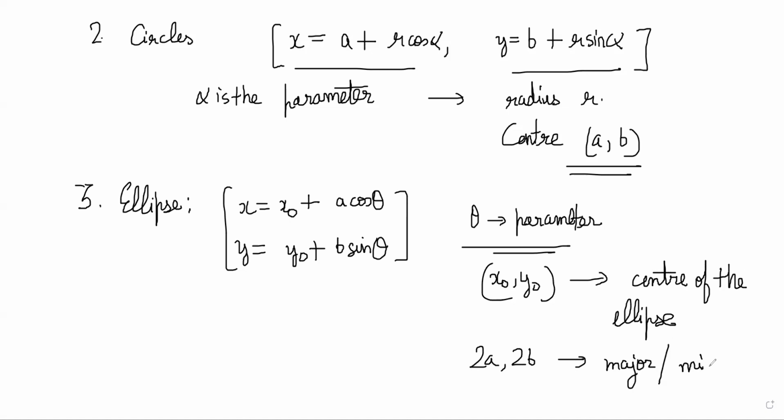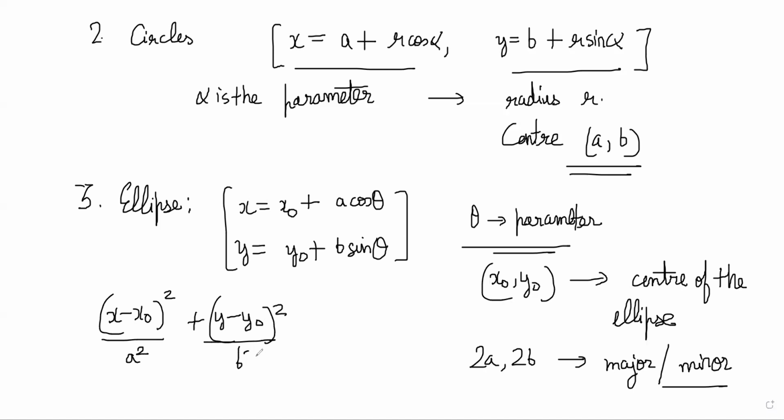Basically the equation of the ellipse will become x minus x naught whole square by a square plus y minus y naught whole square by b square is equal to 1. This is the ellipse. X naught, y naught is the center, 2a and 2b are the major and minor axis, and theta is the parameter.